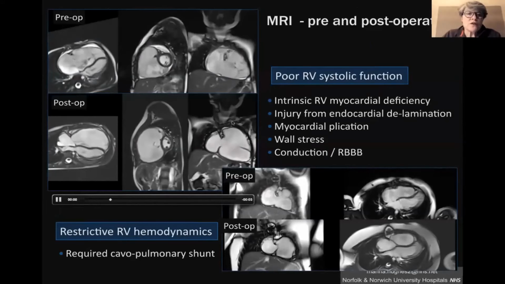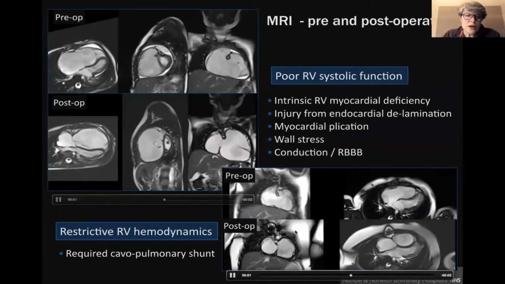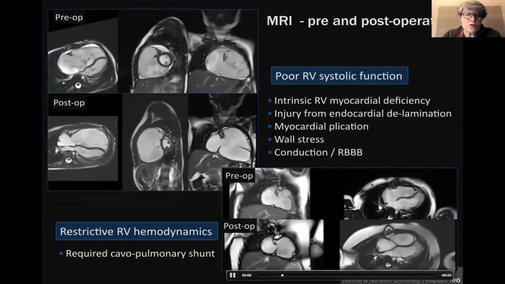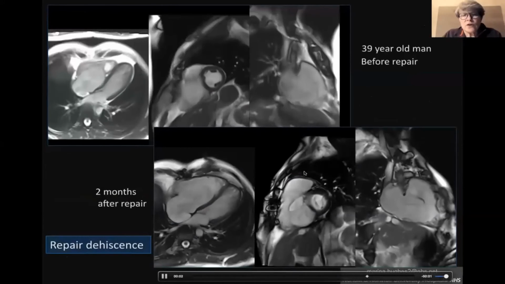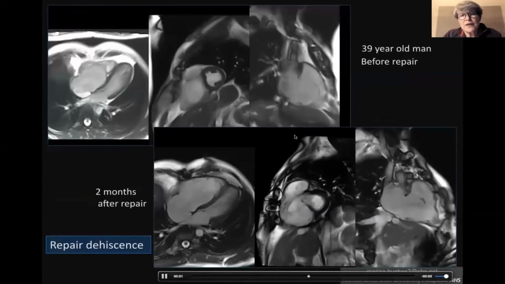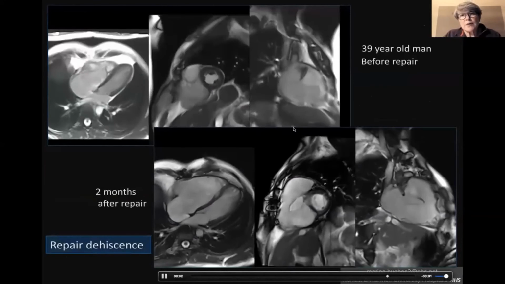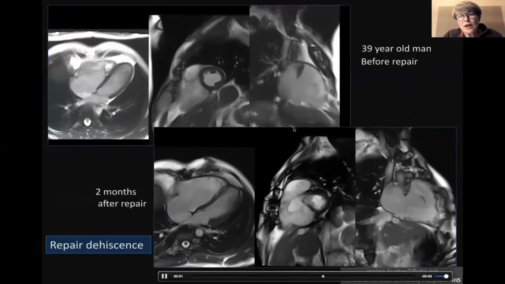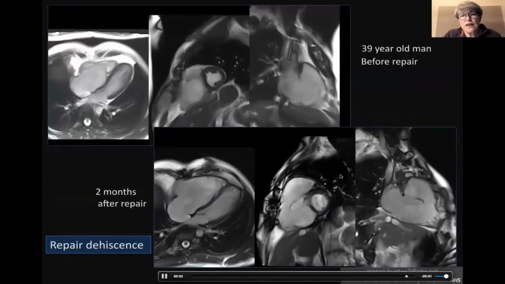Whether there were dilation problems with significant wall stress post-surgery, or whether there were problems with restrictive hemodynamics and the requirement for a cavopulmonary shunt. So just adding that it was also possible with cardiac MRI to closely depict the reasons for surgical failure.